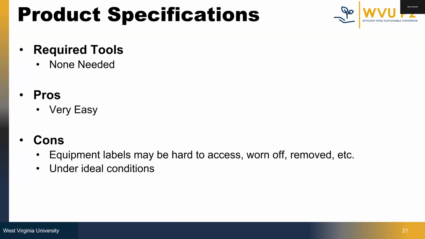And this level of accuracy may be fine for some purposes, but there's often a need for more accurate estimates of the efficiency. And also, a lot of times when we're looking, especially if we're looking at old boilers and old facilities, there may not be an equipment label on it if it's too old, or the label may have been removed or worn out.